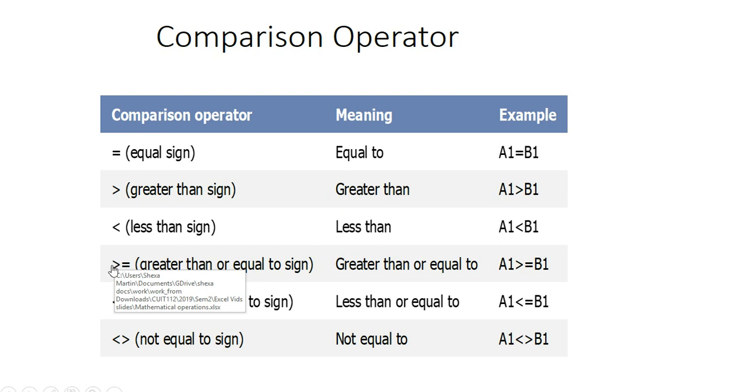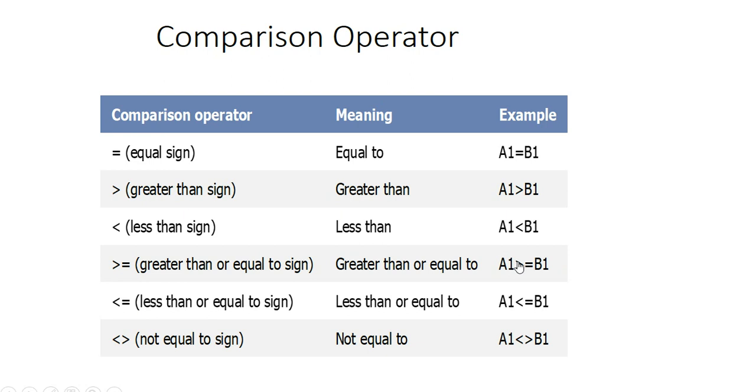The greater than or equal to sign is used to check if the value to its left side is greater than the value to its right side, or whether it is equal to the value to its right side. So it's an or.